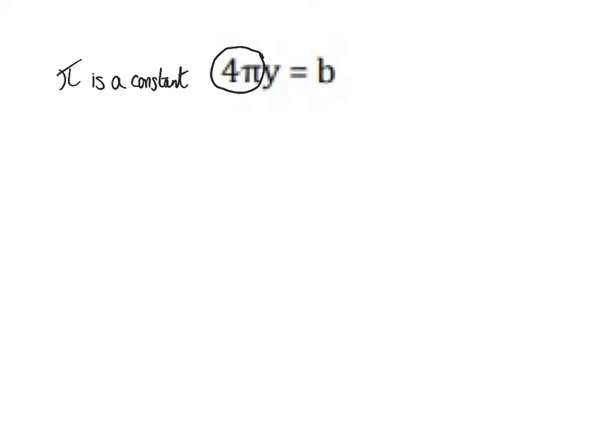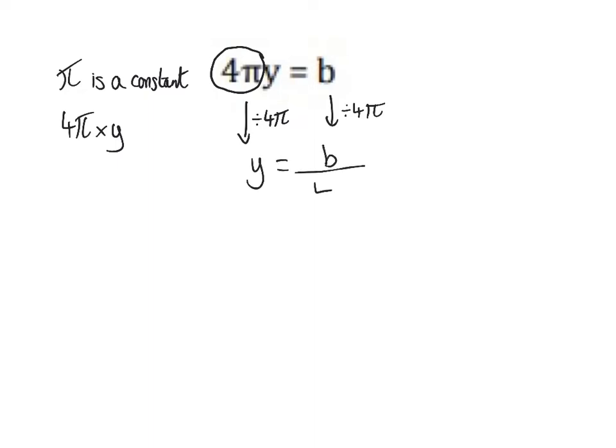Therefore, what we've actually got here is 4 pi times by y. So we're doing 4 pi lots of y. In order for us to do an inverse operation here, we are going to divide by 4 pi. So I've solved for y, and b is being divided by 4 pi.